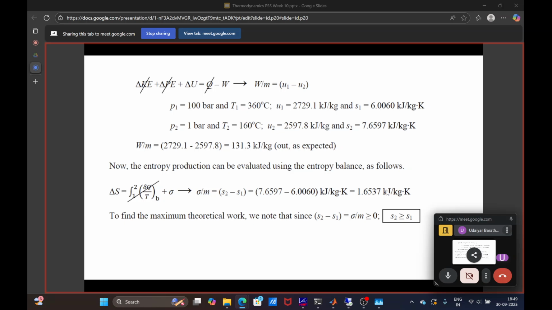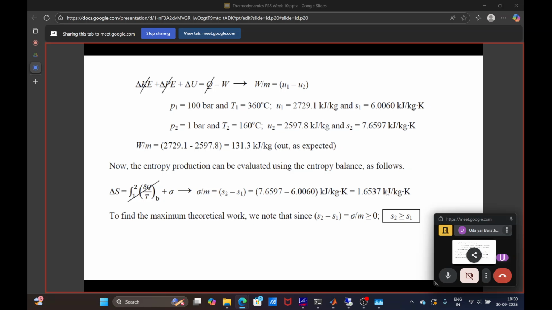For example, if you take a turbine which is generating some amount of work, say 100 kilowatts, in a reversible case, assuming it to be a super efficient turbine which follows a reversible adiabatic expansion, where entropy is constant, that will generate 100 kilowatts.